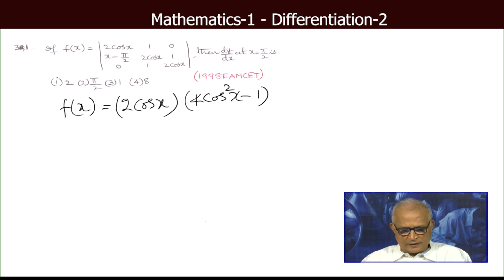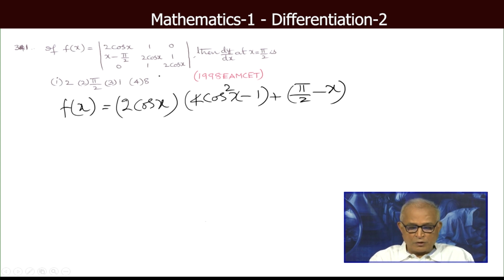Next, minus of x minus pi by 2 plus pi by 2 minus x into its cofactor, 2 by 2 determinant, first row 1, 0, second row 1, 2 cos x, that is 2 cos x.